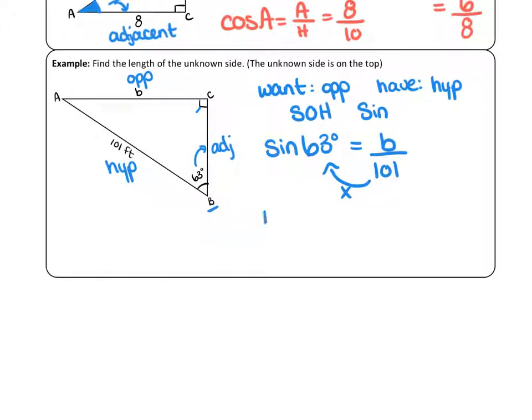So it becomes 101 times sine 63 equals B. When I calculate that on my calculator, I do 101 times sine 63, and I got 89.99, so it's basically 90 feet equals B.